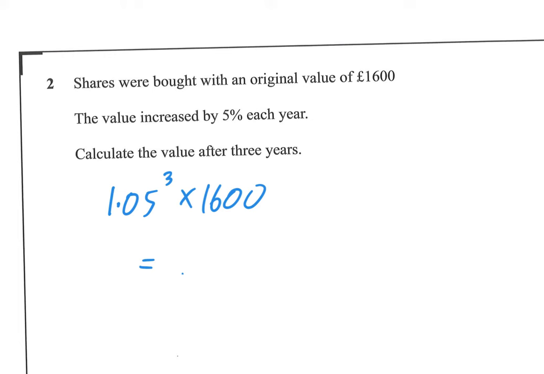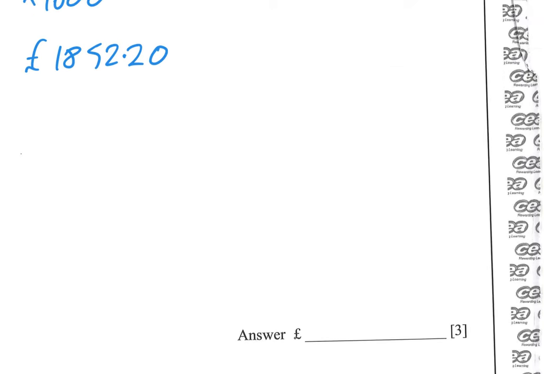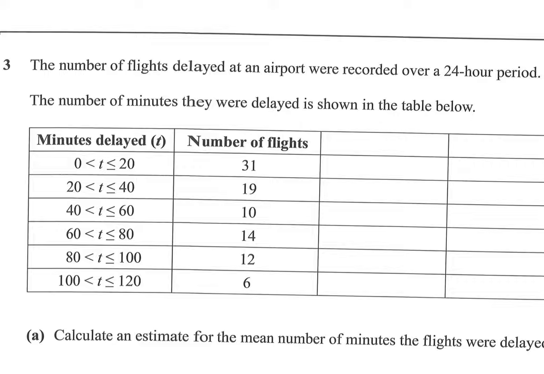I've got 1,852.2, but because you're dealing with money, put it to 2 decimal places: 1852.20.